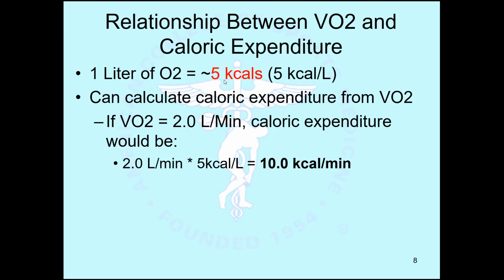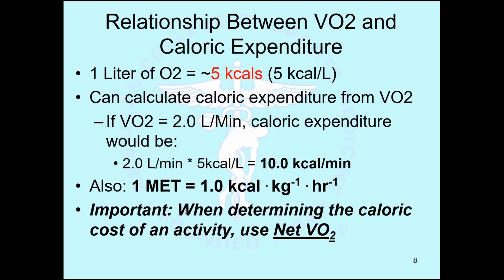You could take a halfway point between that, which is what some people do, or you could just estimate it and know it's an assumption that you're going to be expending mostly carbohydrate, and the error is relatively minimal, and so that's why most people go ahead and use 5 kcals per liter as the caloric equivalent, and that's what we're going to do.